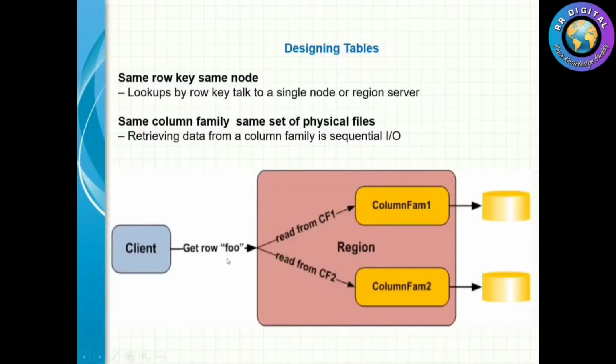Okay, so if column family 1 is related, it will send here. From here it will go to HDFS. From there it will read your data. If a specific other column is related to your column family 2, then it will go here, and from here it will read your data. So you people will get more clarity when we start explaining HBase architecture.